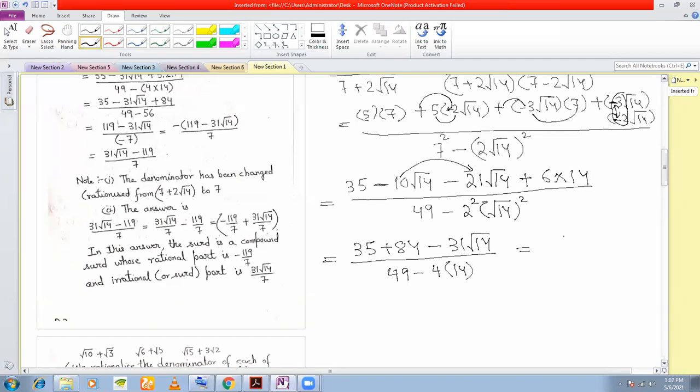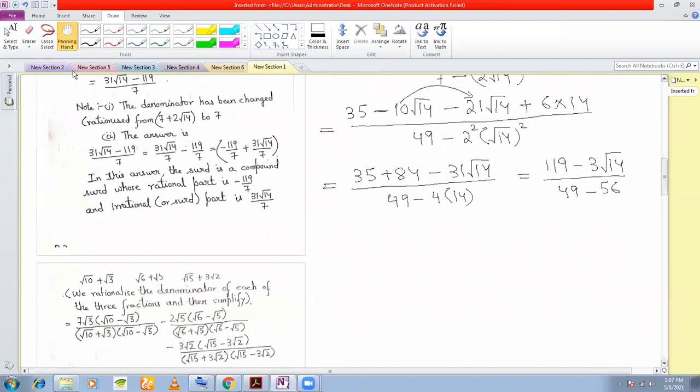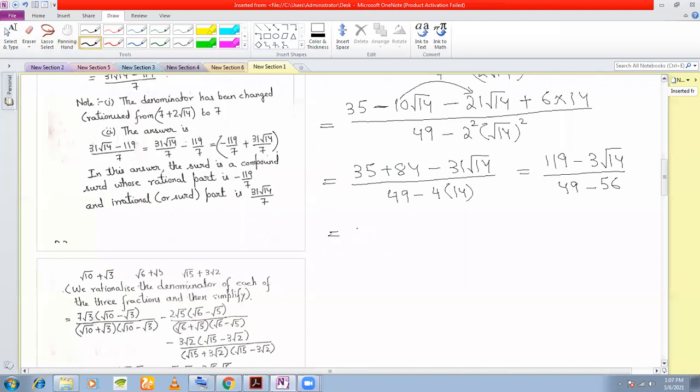So now this becomes 35 plus 84, 119, minus 31 root 14 divided by 49 minus this, I think, is 56, right? 14 into 4 is 56. So this becomes (119 minus 31 root 14) divided by minus 7.